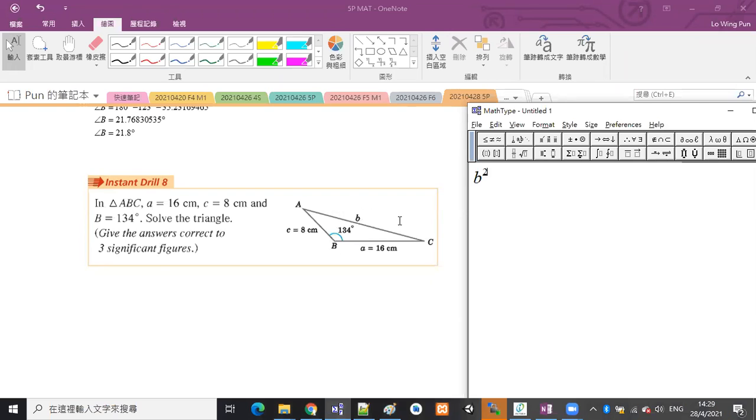So we need to use the cosine formula to find the length first. B squared is equal to 16 squared plus 8 squared minus 2 times 16 times 8 cosine angle B, so that should be 134 degrees. Using a calculator, and then take square root, it should be 22.3 something.